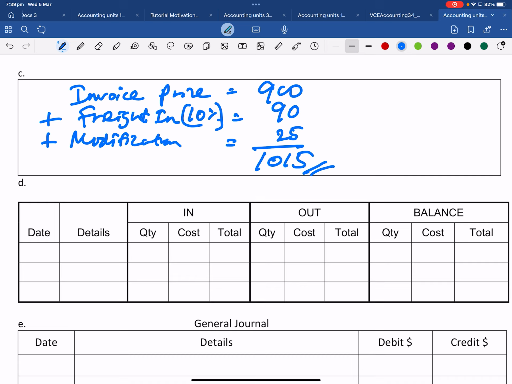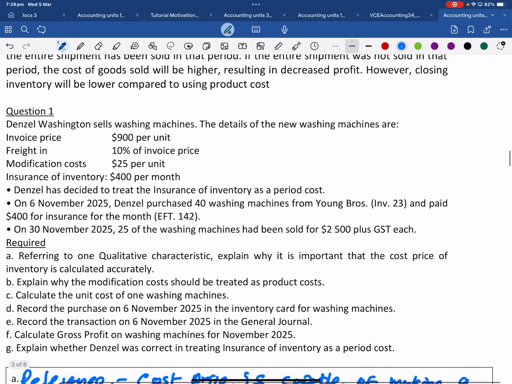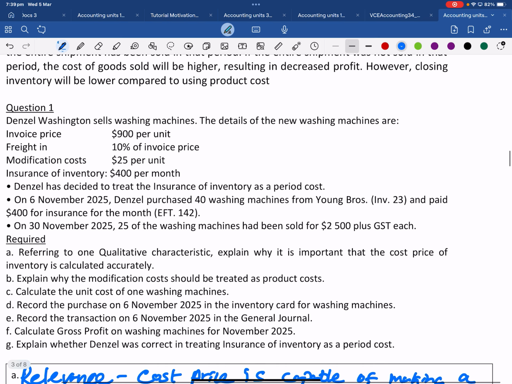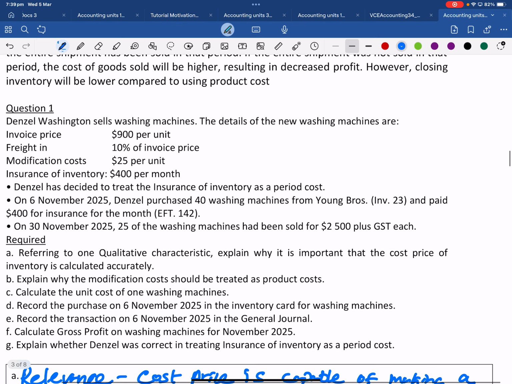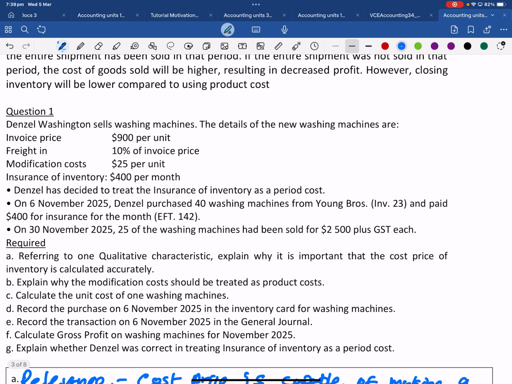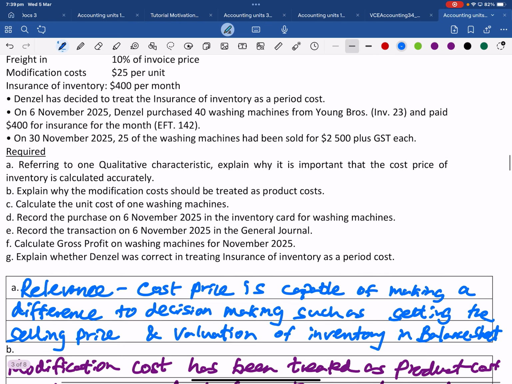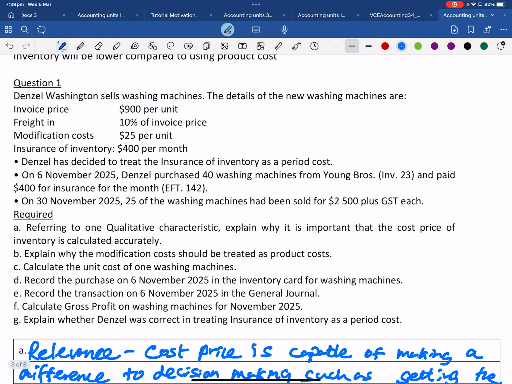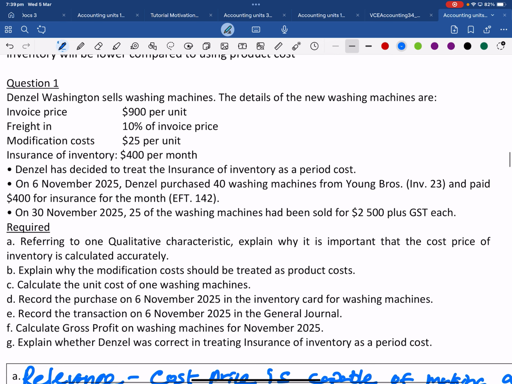Right, now part D. How do we record it in the inventory card, guys? Part D: record the purchase on 6th November in the inventory card for washing machine. So what happens on the 6th?